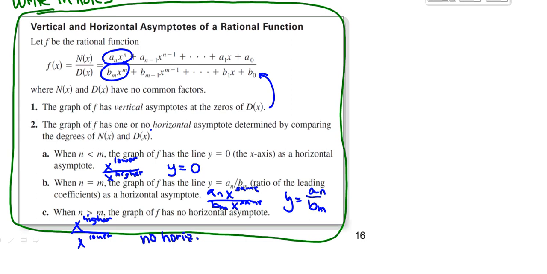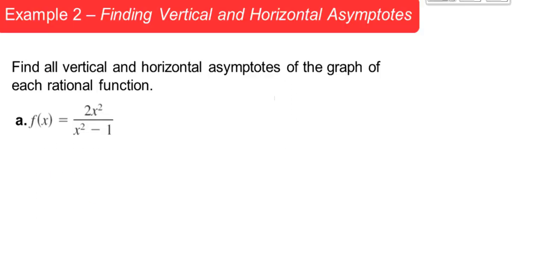So let's look at a problem and see what happens. This is 2. There's an A and a B for this. It says find all of the vertical and horizontal asymptotes of the graph of each rational function. And so write that down. And I'm just going to start going through this.